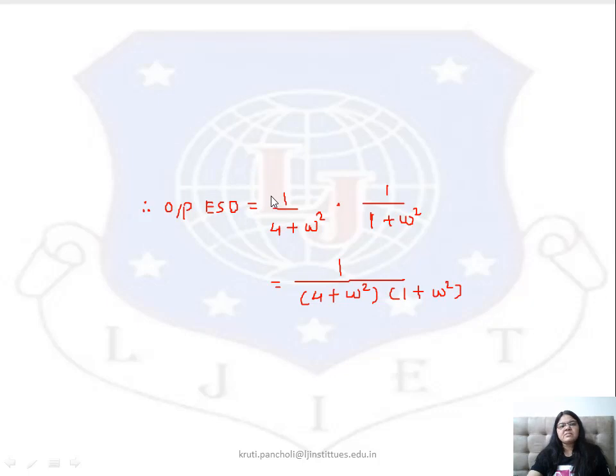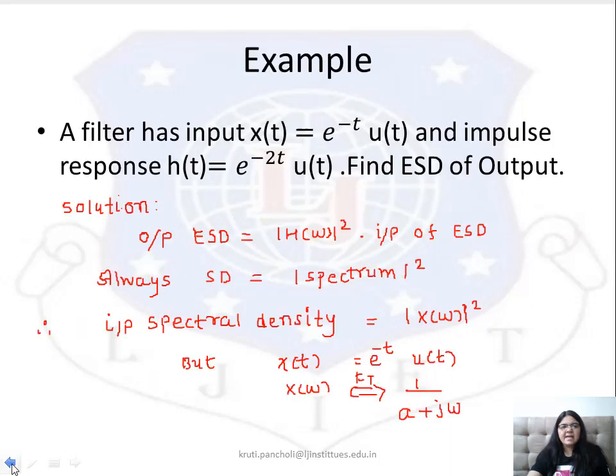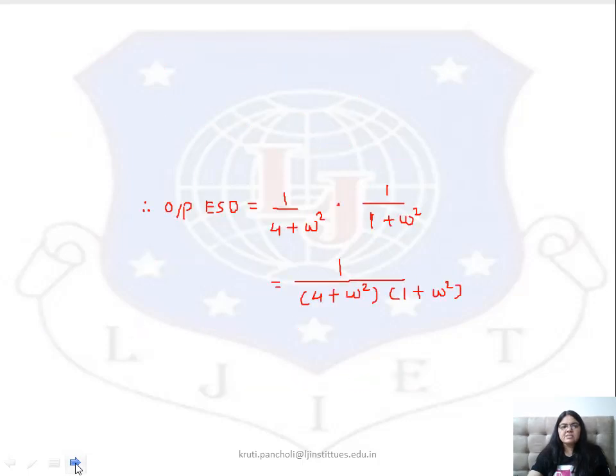It is equal to 1 upon 4 plus omega squared into 1 upon 1 plus omega squared. So when you have the signal x(t) equal to e raised to minus t u(t), and h(t) equal to e raised to minus 2t u(t), the ESD at the output is 1 upon (4 plus omega squared) into (1 plus omega squared).